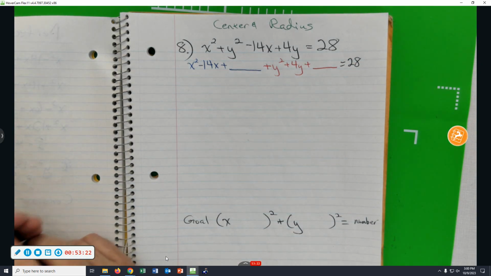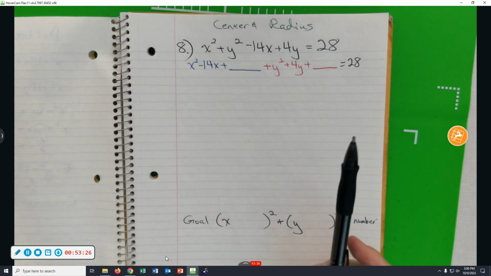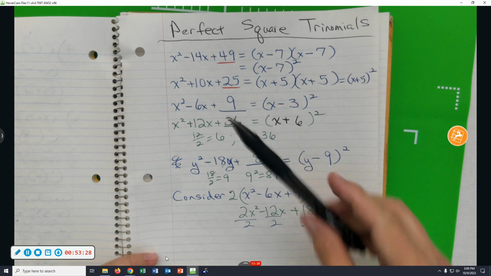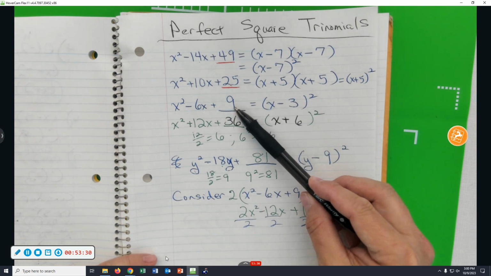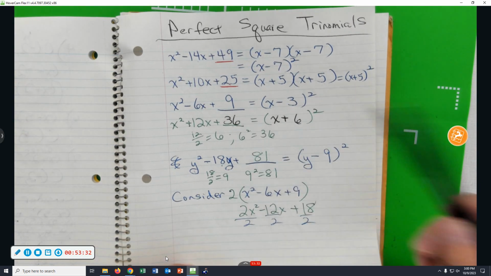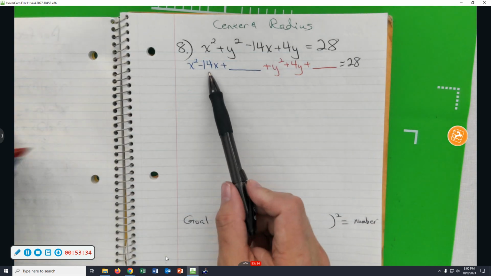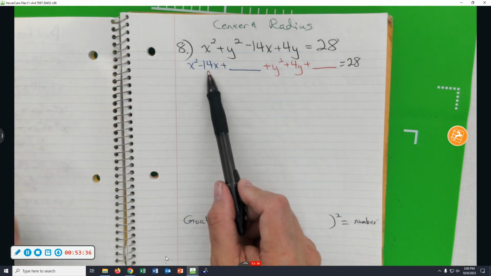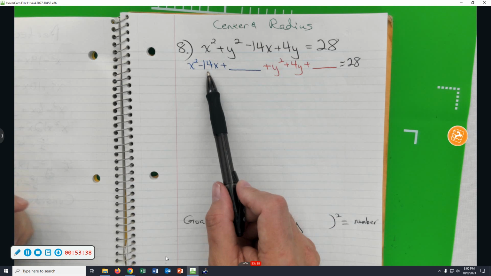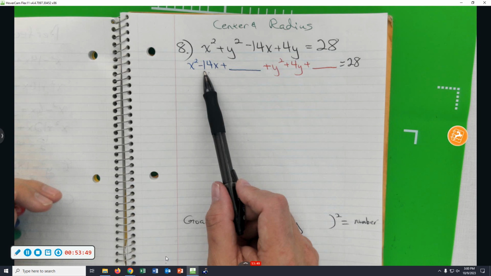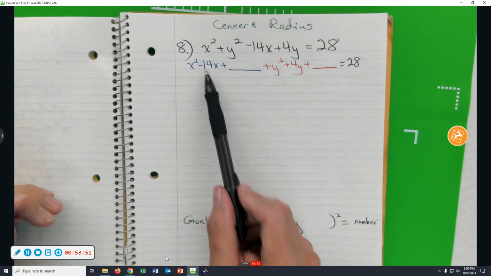We're trying to create a perfect square trinomial. Remember the little pattern we were using. How do we come up with 9? How do we come up with 36? You look at the coefficient of the unsquared variable, and you have to do two things to it. The coefficient of that unsquared variable is, well, technically it's a negative 14, but the sign doesn't matter here. 14, we do two things.